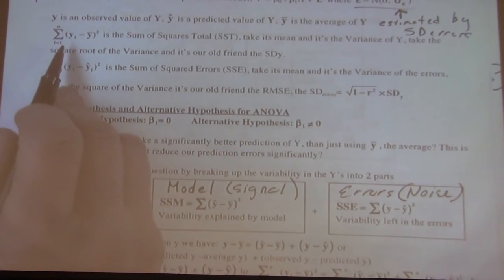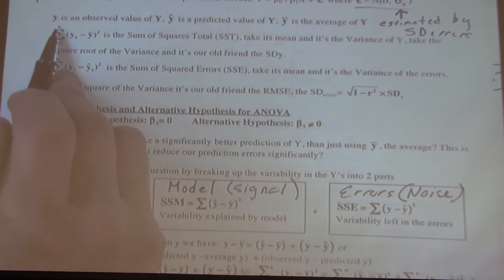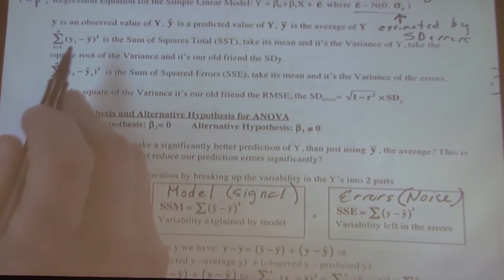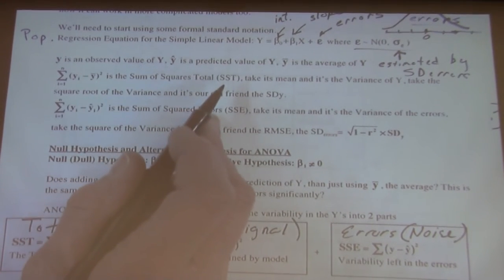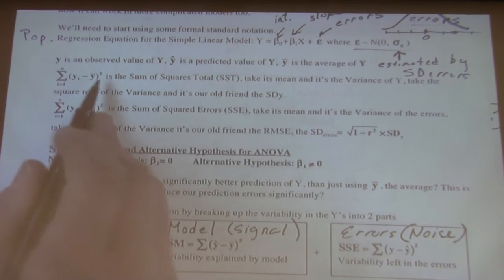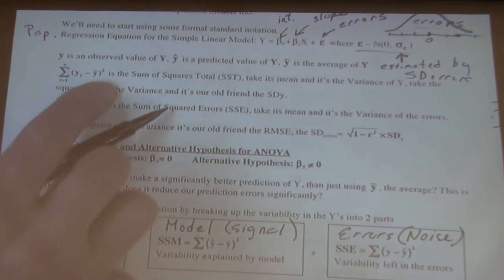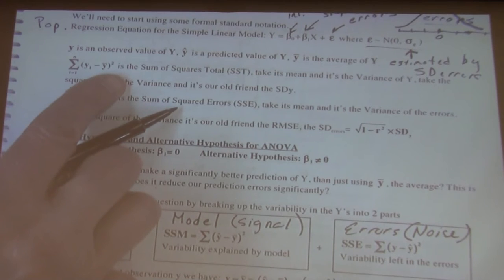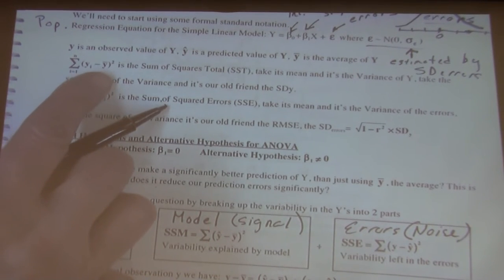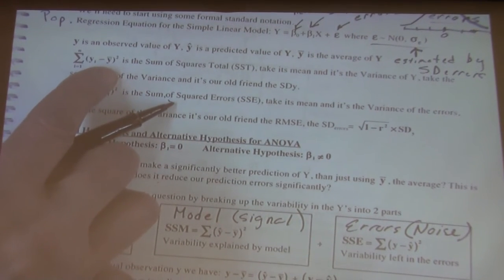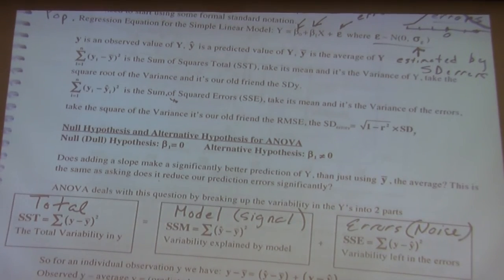Okay, so let's look at this. The sum from i equals 1 to however many observations we have of your y minus your average, squared, is the sum of squares total, right? So for example, if the average was 90 and you got a 95, you deviate from the average by 5. If you had 80 and the average was 90, your score would deviate from the average by -10.